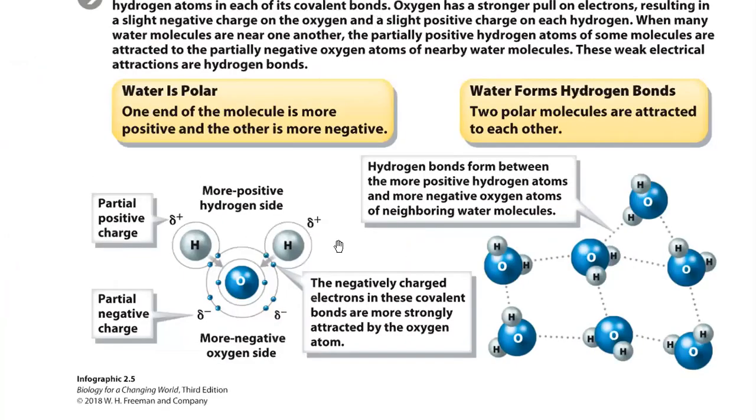Now, I'm going to explain to you polar covalent. So, think of these electrons as toys, okay? Think of them as toys. And one of these electrons belongs to hydrogen, and one of these belongs to oxygen here.